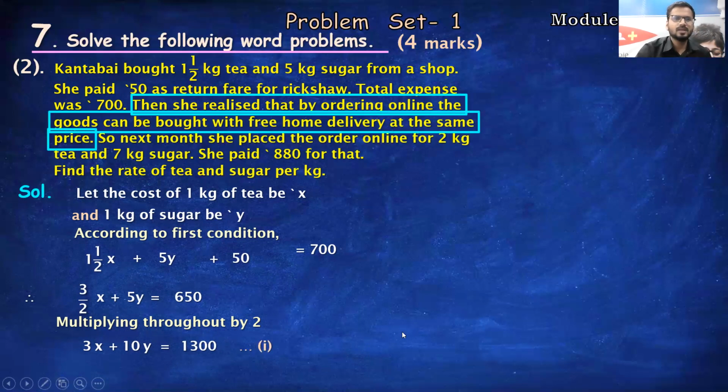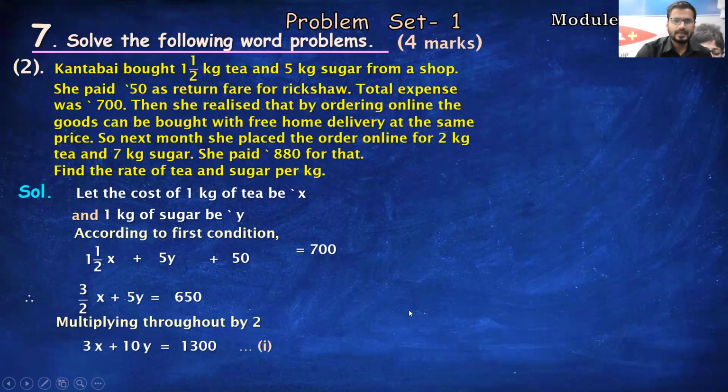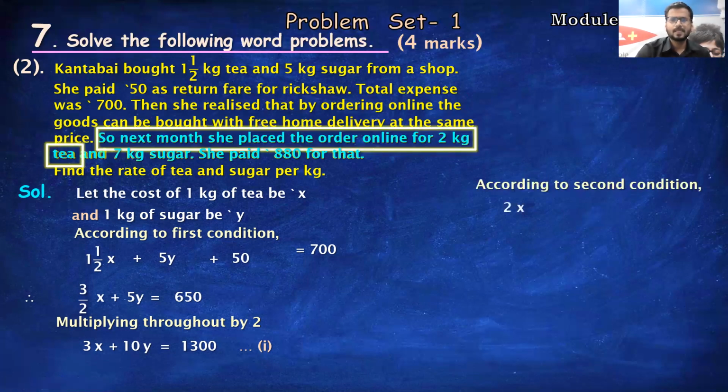Then second, she realized that if she orders online, what is the case? Let us see. The next month she placed the order online for 2 kg of tea. So 1 kg of tea costs x rupees, so 2 kg will cost 2x rupees, right?